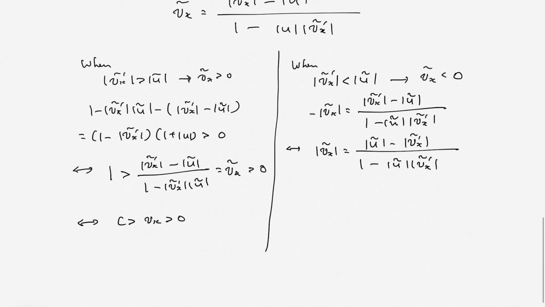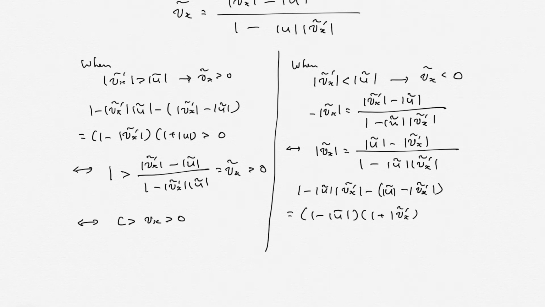And then we consider the quantity 1 minus the absolute value of u tilde, 1 plus v sub x prime tilde. This is a positive quantity.